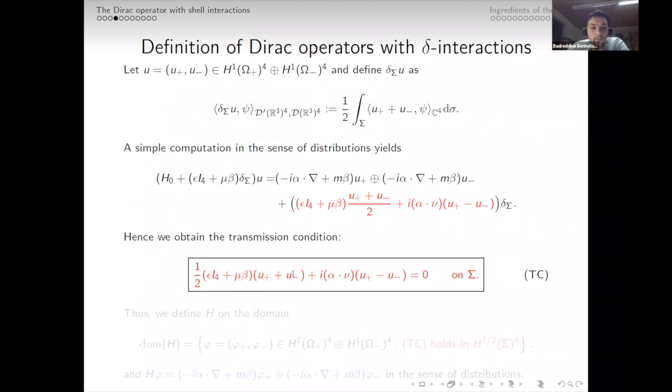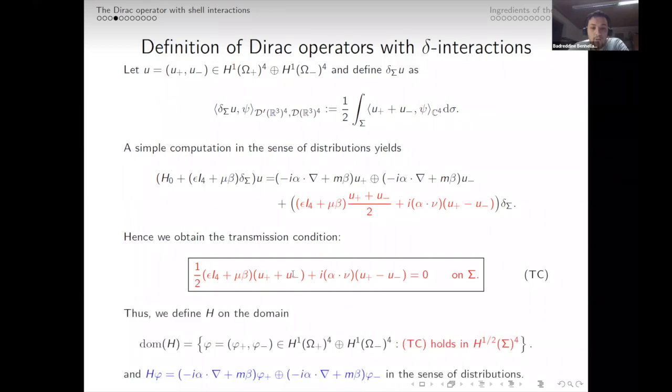So this suggests to define our operator on the following domain. We pick a function in this Sobolev space, and we ask this boundary condition to be satisfied in H1/2. Okay, and our operator, as I said, will act in the sense of distributions like this.